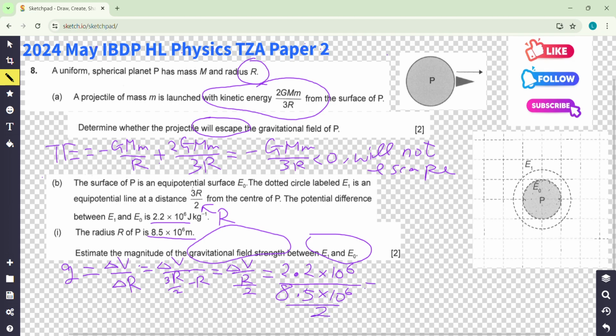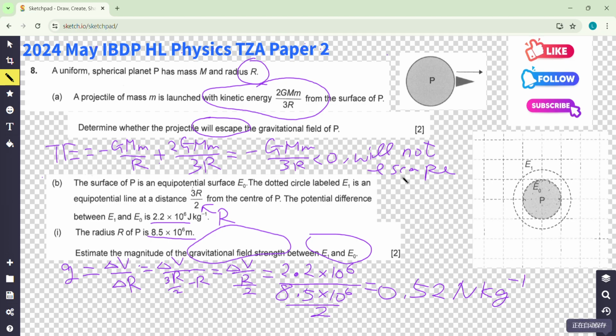Okay, calculation time. You can do it. Yes, you got it. 0.52. Unit: gravitational field strength, newton per kilogram. Well done.